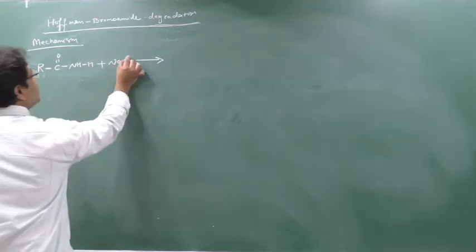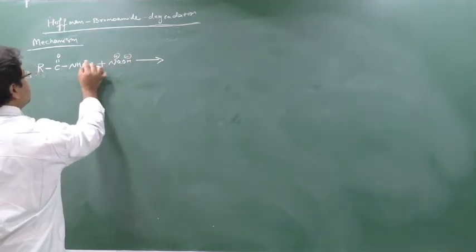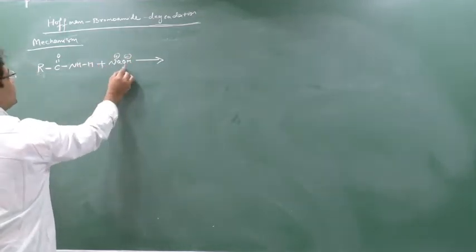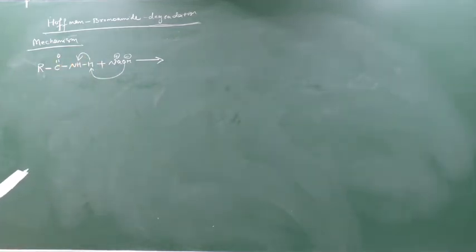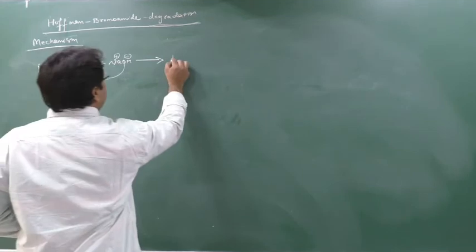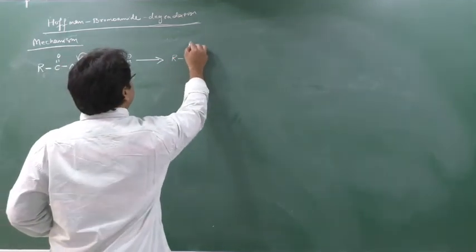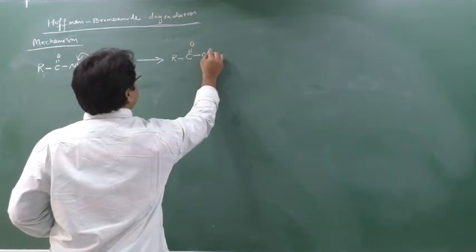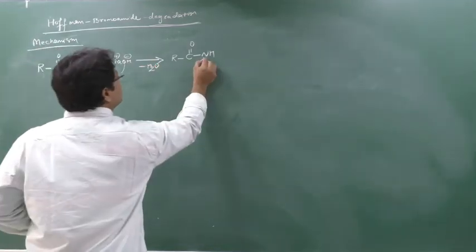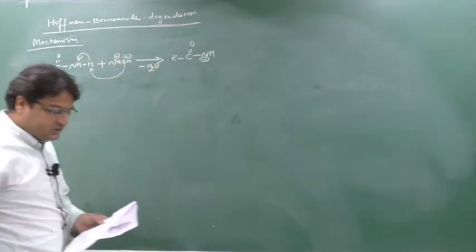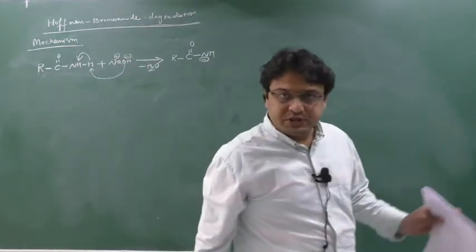So this is minus, this is plus. This OH minus will be released here. So R, C double bond O and H: H has been removed as H plus to form H2O, so a minus charge will come. This much is cleared.